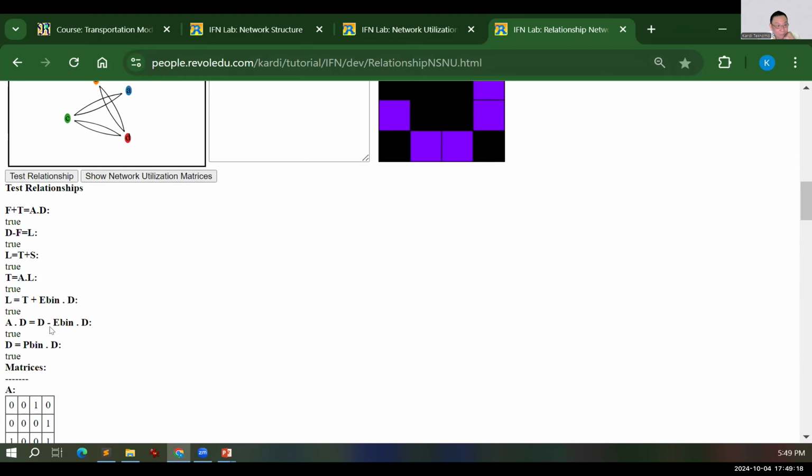So I have preset a relationship that I want to test, based on the relationship that we want. So whether it is true or false depends on the thing that you put there. This is the assignment that you will do in a couple of weeks.